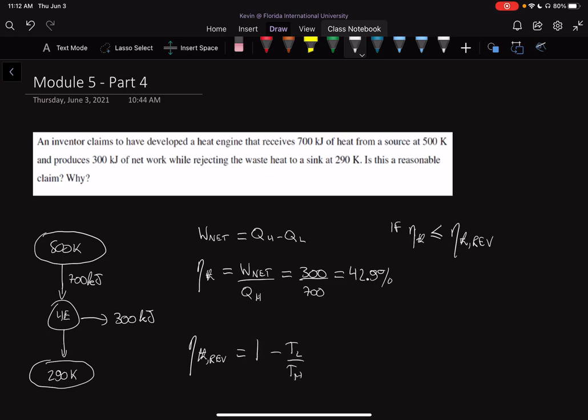That would be the theoretical maximum based on the high temperature and low temperature given in our system. If we plug that in, we have 1 minus 290 over 500, and we get that this is equal to 42%. So our theoretical maximum is 42%.